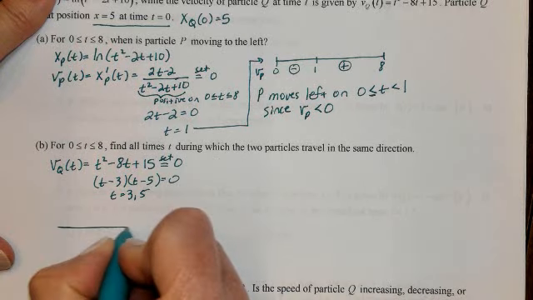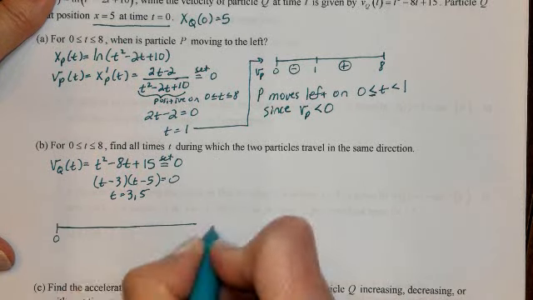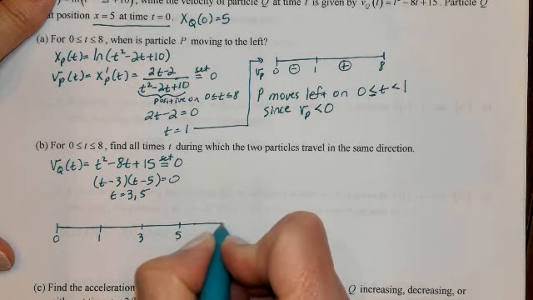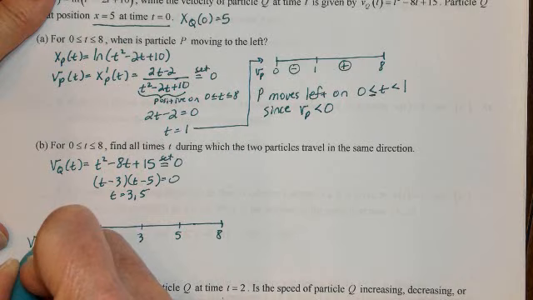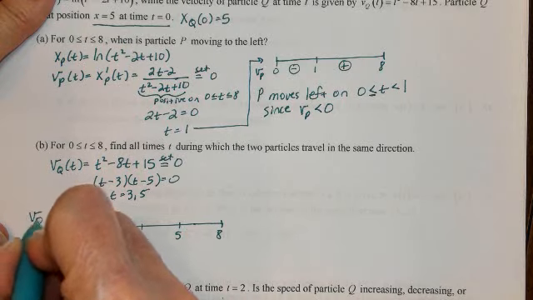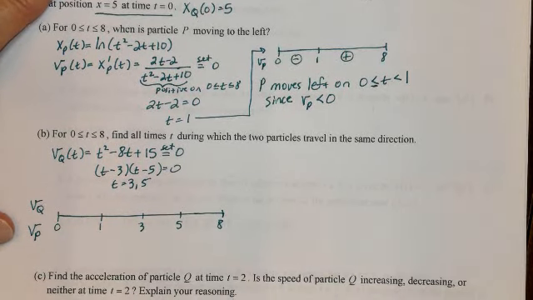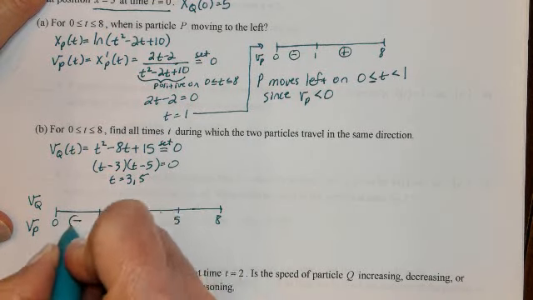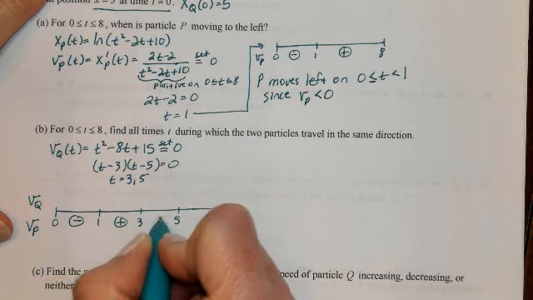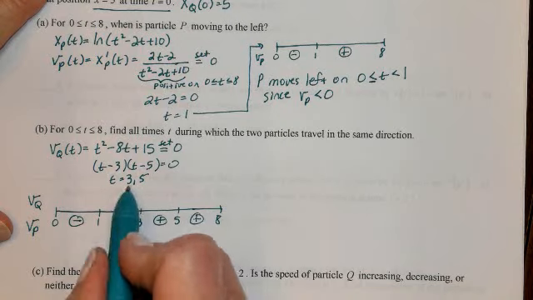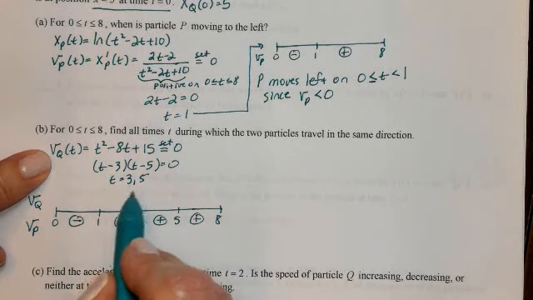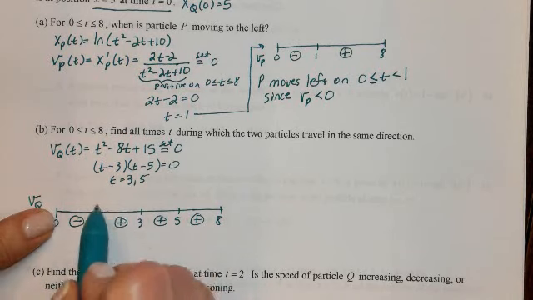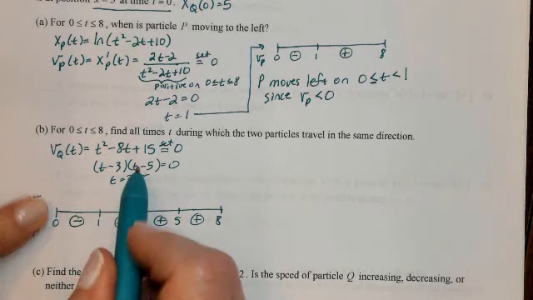So from 0 to 8, I need to put 1, 3, and 5 on there. I'm going to put V sub P below and V sub Q above just to analyze it. I already have the signs from P, and that was negative from 0 to 1 and then positive all the way to 8. For Q, the velocity, I can actually put in 0 here if I wanted to, and I'll get negative times a negative, which is a positive.